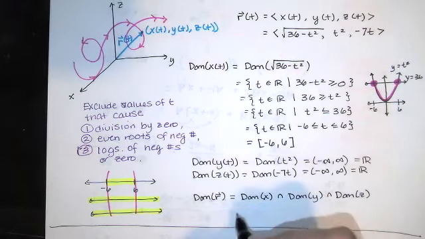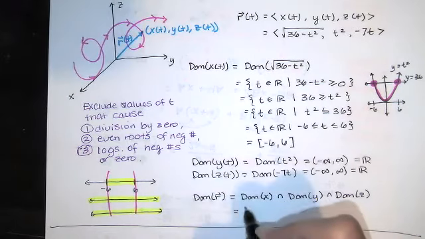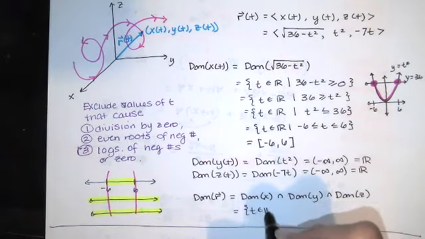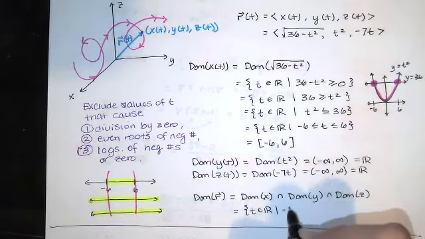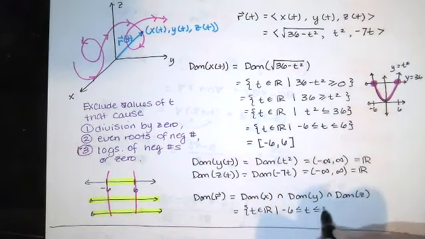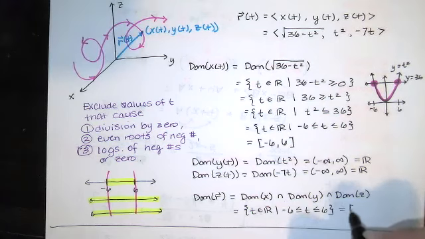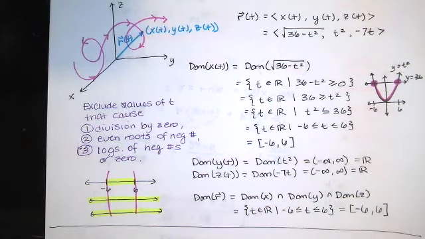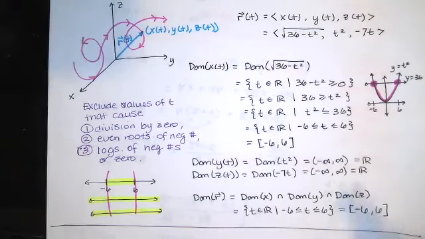So the set of t values where all of these overlap is the set of all real numbers t such that t is between -6 and 6, which can be written in interval notation as the interval from -6 to 6, including the square brackets because both endpoints are included.